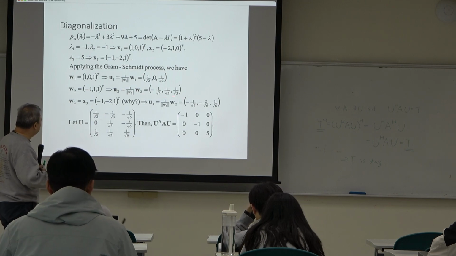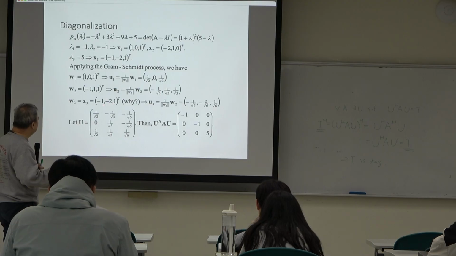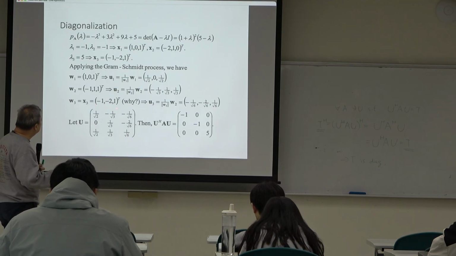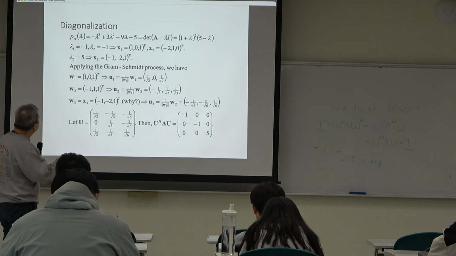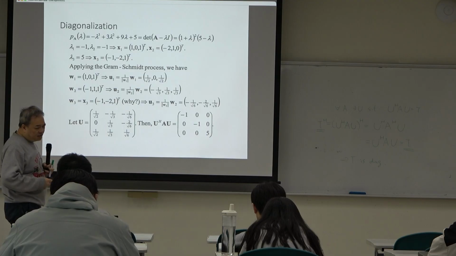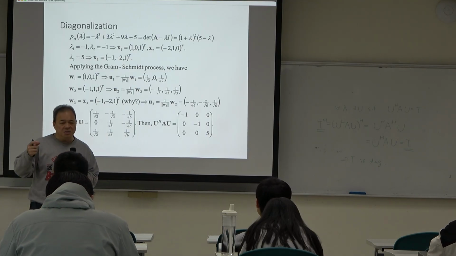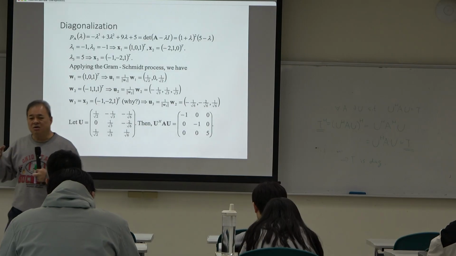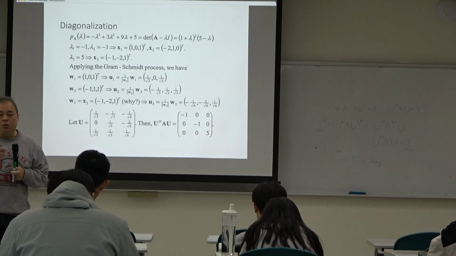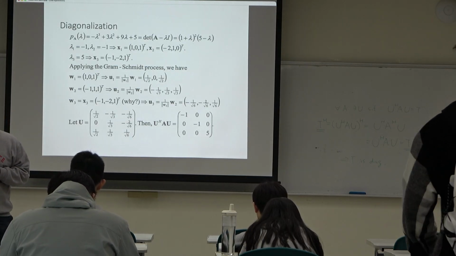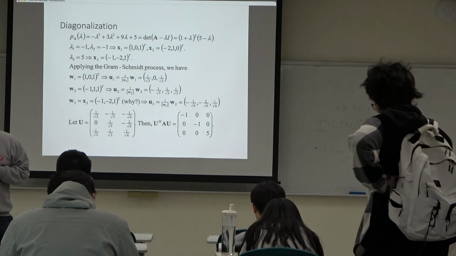So that's that. W3 is basically -1, -1, because remember, for different eigenvalues, their eigenvectors must be orthogonal. So you don't need to do anything, it's guaranteed they are orthogonal.